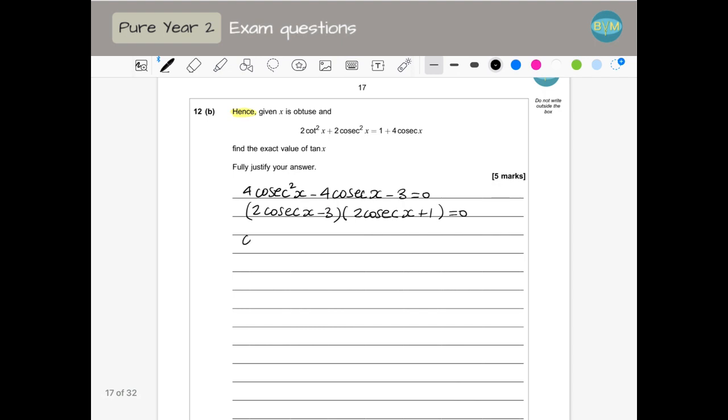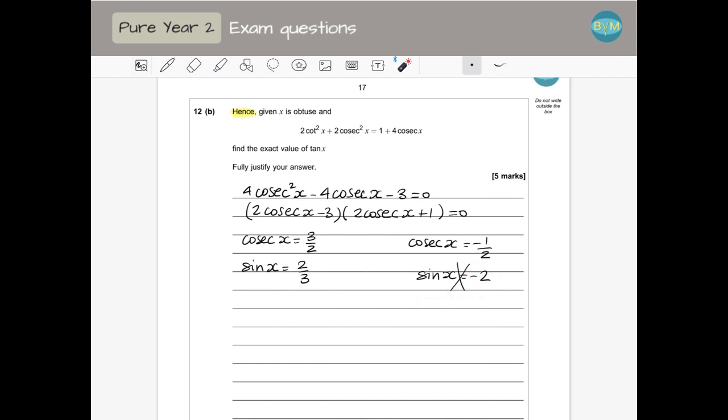So the first one would be cosec x is 3/2, and the other one would be cosec x equals minus a half. Cosec is the reciprocal of sine, so the first one is telling us that sine x is 2/3. Second one, that sine x is minus 2. And you know this cannot be because sine x is between minus 1 and 1. Yeah, so it's out of range.